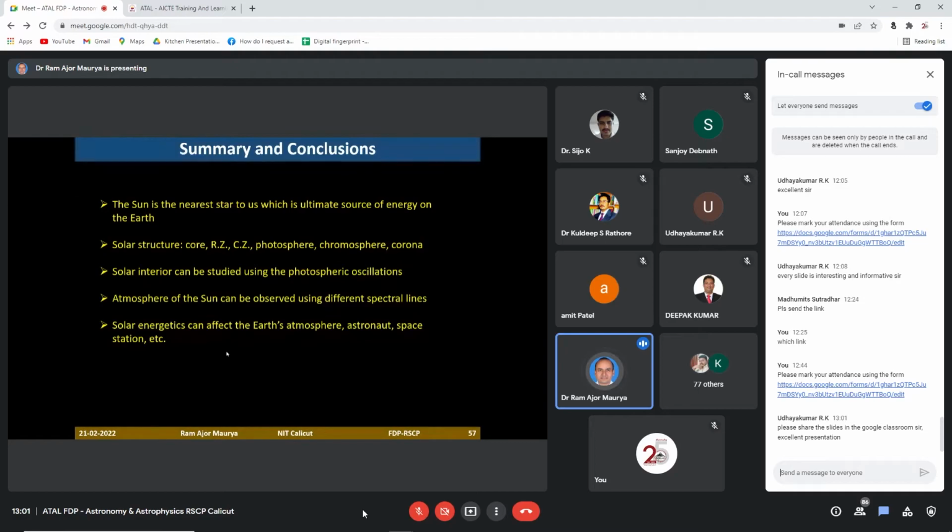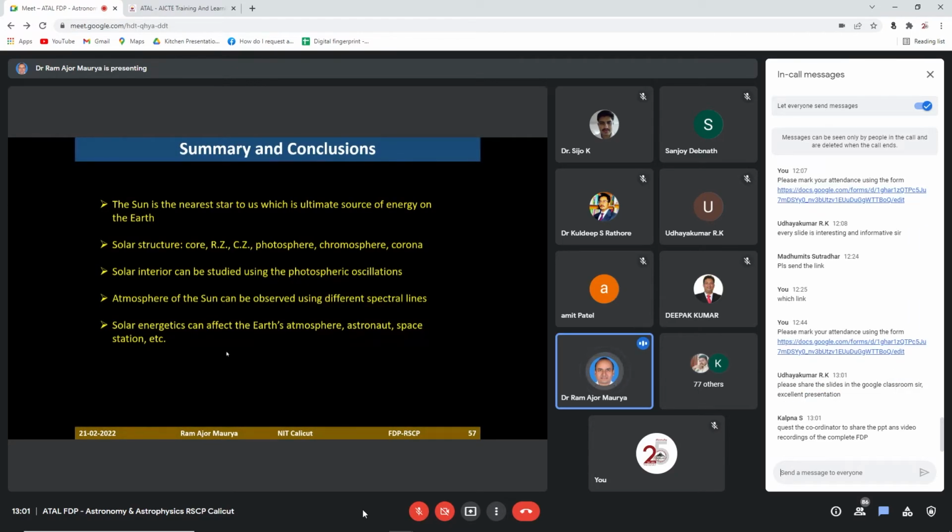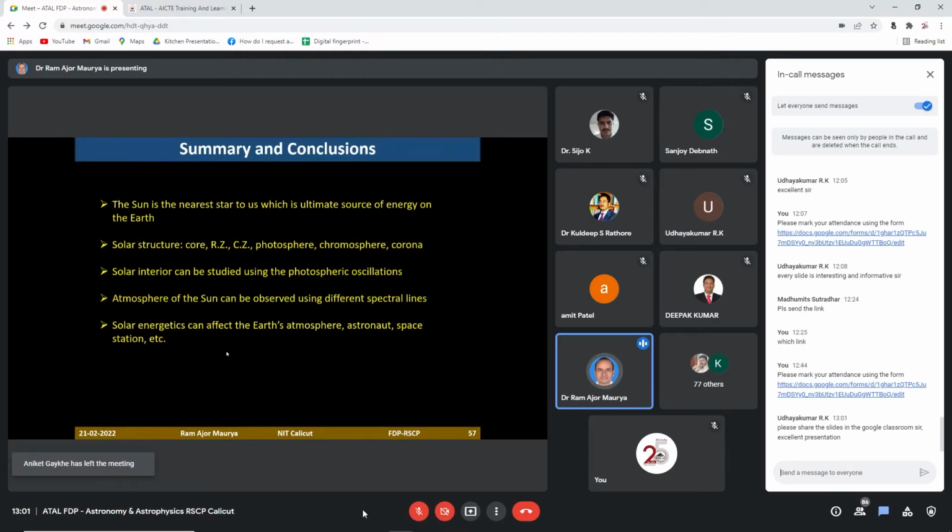So this is almost matching with the black body curve, so one can consider the sun as a black body. But from the earth, when we observe, there is some absorption. Okay, you can see here there is some absorption. So this absorption happens because of the atmospheric particles and the vapors. Here we have the H2O, the water vapor.